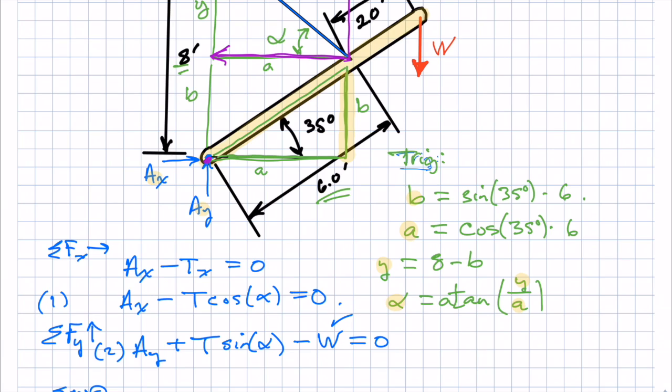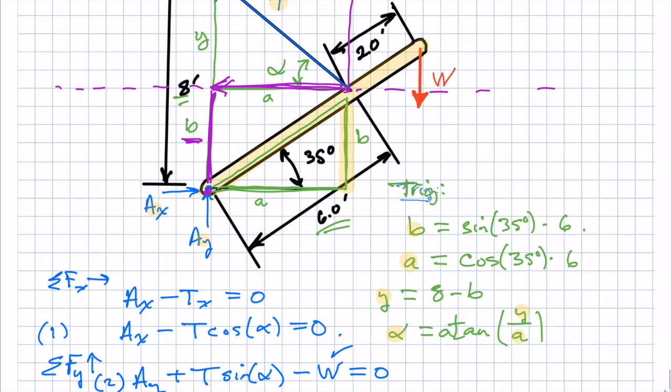It doesn't matter what the line of action is. I can extend this on out. I just need this perpendicular distance. Well, what is that perpendicular distance? I look at the diagram, it's B. So there's a rotation moment generated, B times T cosine alpha, because that's the horizontal component.